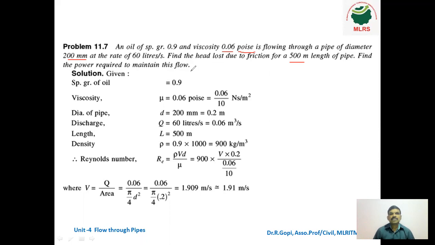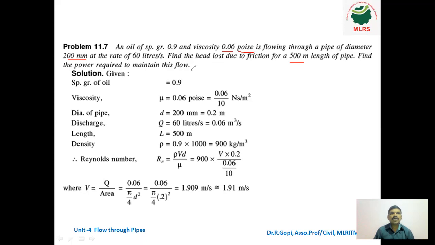Listen, here there are two important things to note. First, they didn't give the density. For calculation of density, they gave the specific gravity. So the oil density is 0.9 into 1000, so 900 kg per meter cube.